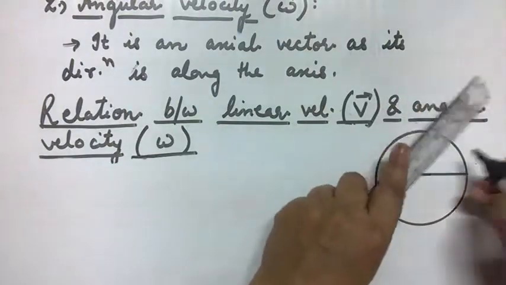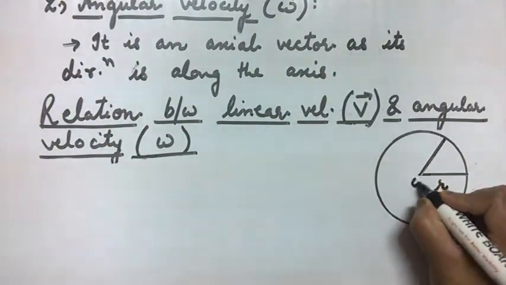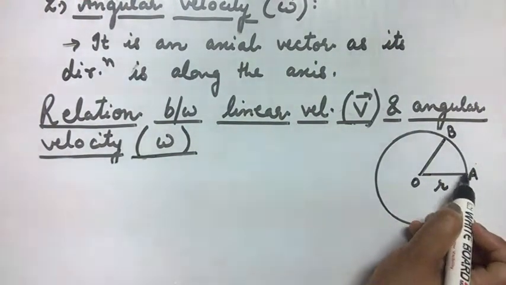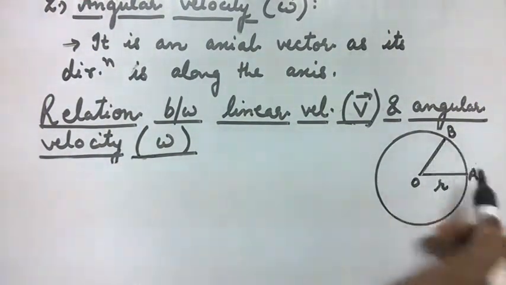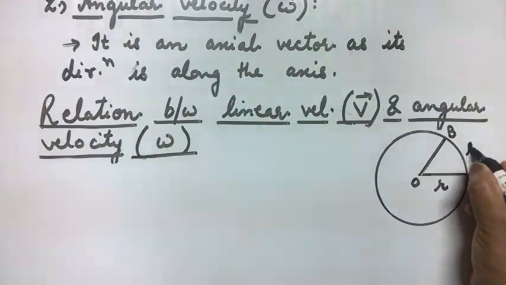Its radius is r. Then the length covered by the particle is the length of the circular arc, let it be s.